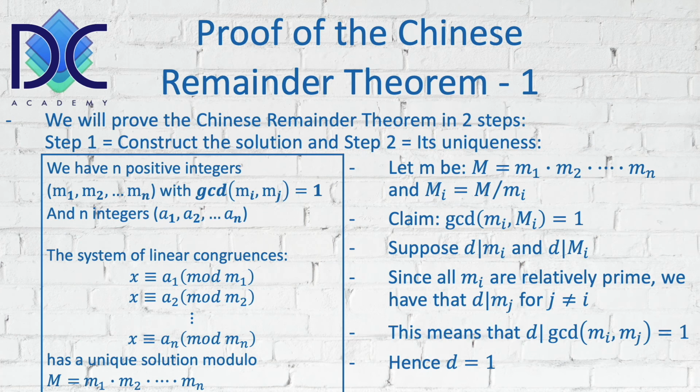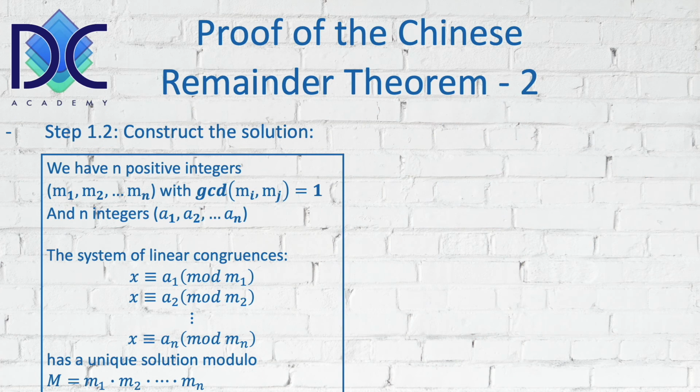That's the only possibility. Let's have a look at the next step. So we already have capital M is the product of all the moduli. Capital Mi is the modulus capital M divided by the modulus mi.